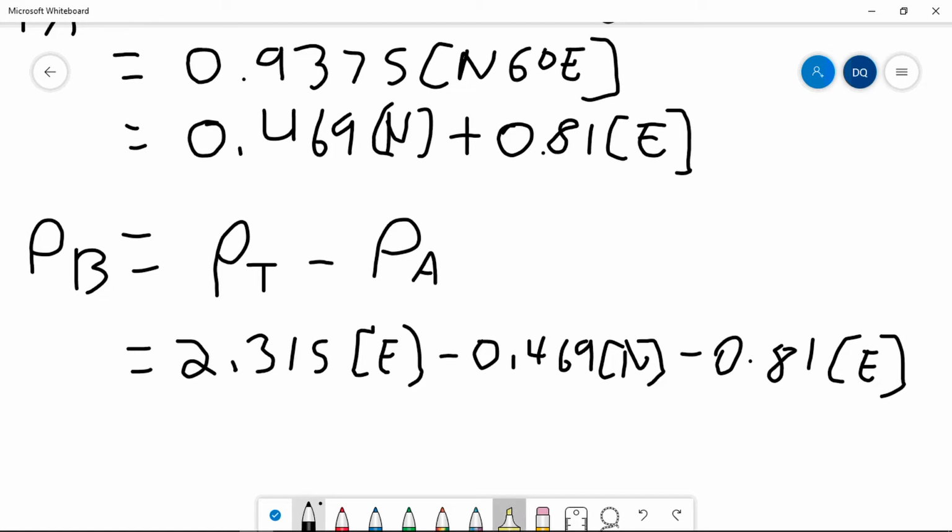So these two values here represent the momentum of ball A, which I'm subtracting from the total momentum, because if you were to rearrange that, the momentum of ball A plus the momentum of ball B has to be our total momentum.